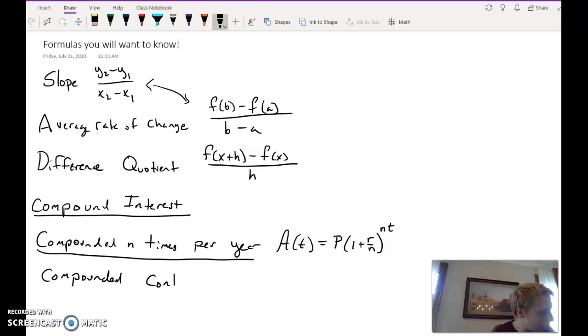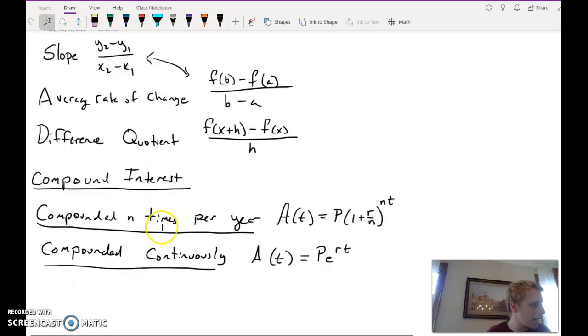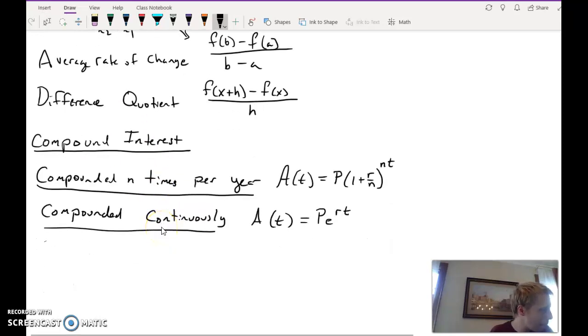Compounded continuously followed the formula: the amount after a certain amount of time is equal to the principal times e raised to the rt power. Please note that this is also pretty much the same for exponential growth and decay.